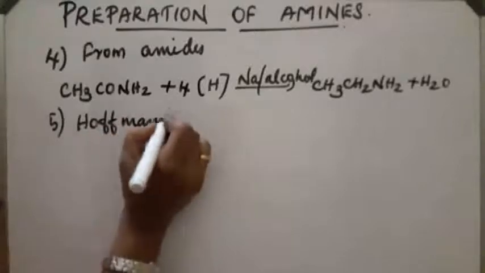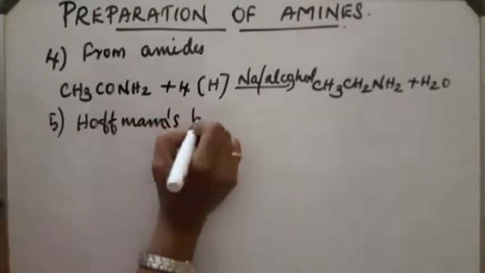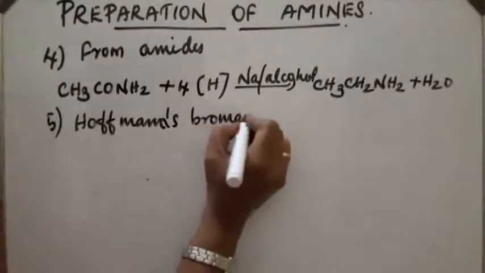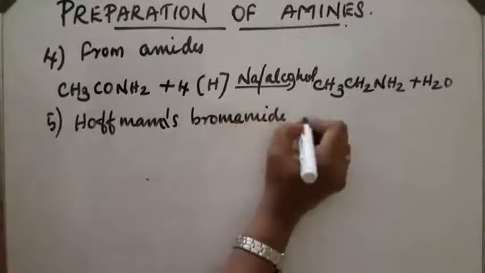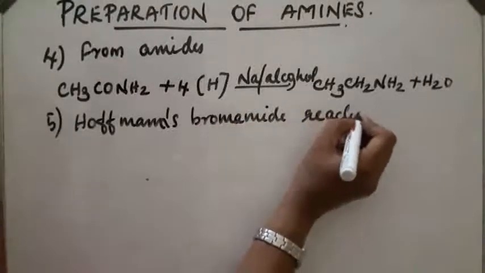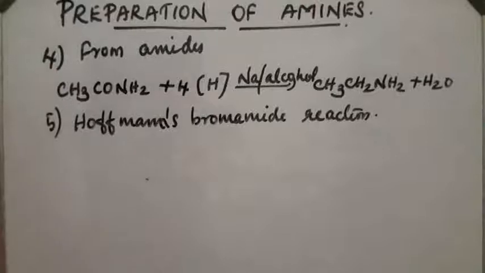Next reaction is the fifth one, Hoffmann bromamide reaction. Here the reaction of amides with bromine in aqueous or ethanolic solution of sodium hydroxide at a temperature of 343 Kelvin.